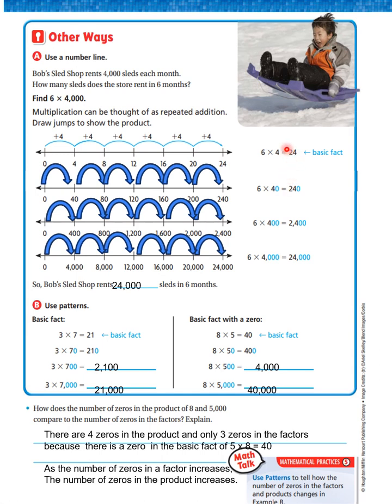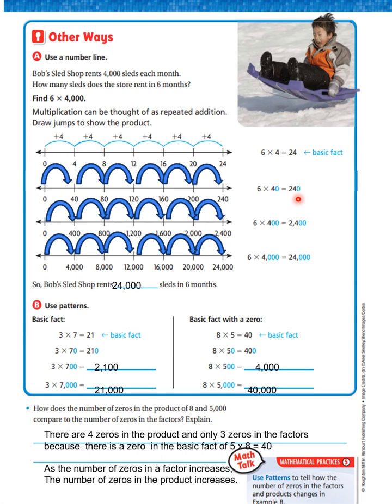All right, so now I'm going to skip jump by 40. 40, 80, 120, 160, 200, 240. So 6 times 40 is 240.